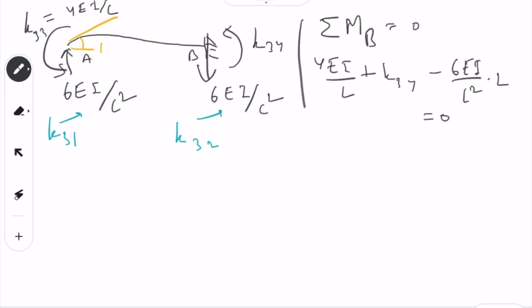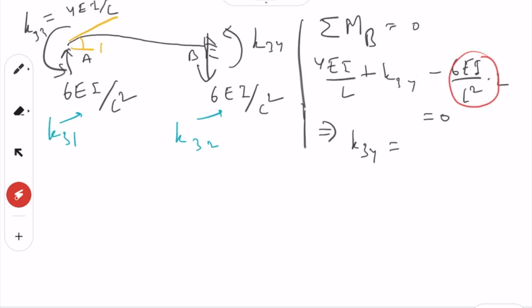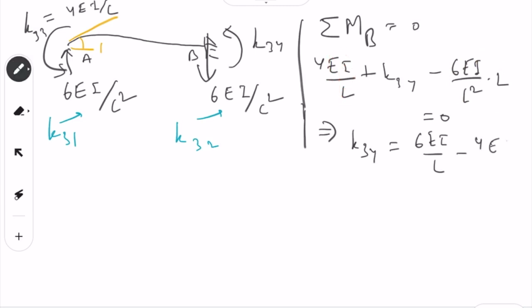So what we get from here is K34 is equal to 6EI over L minus 4EI over L. This tells you that K34 is equal to 2EI over L.